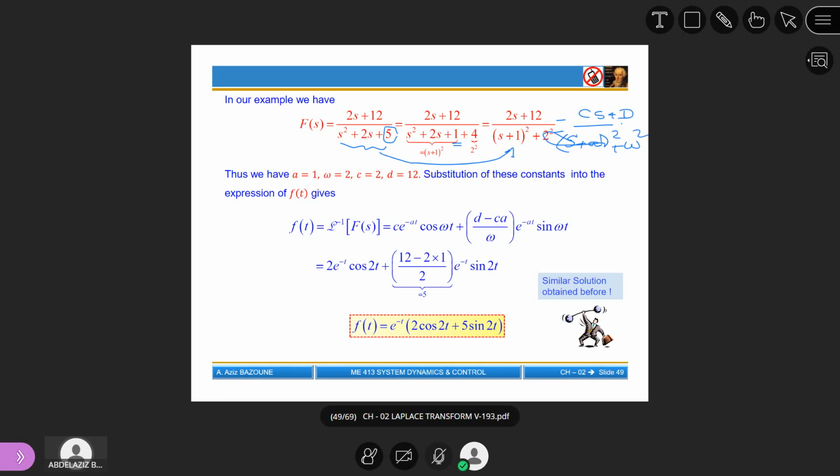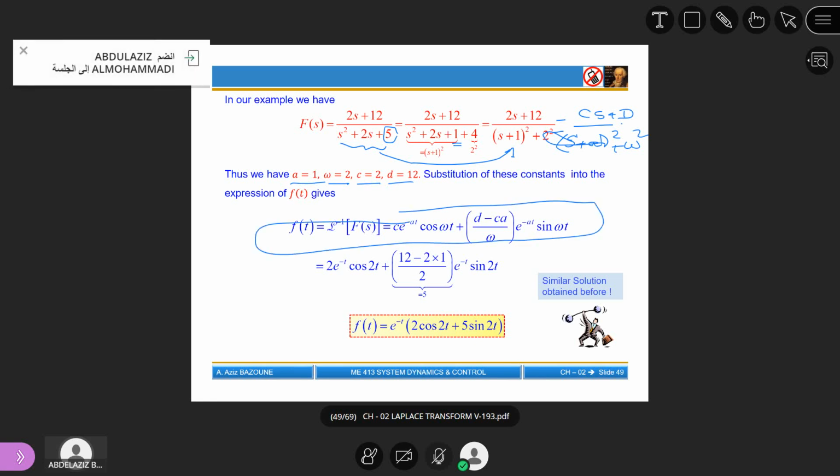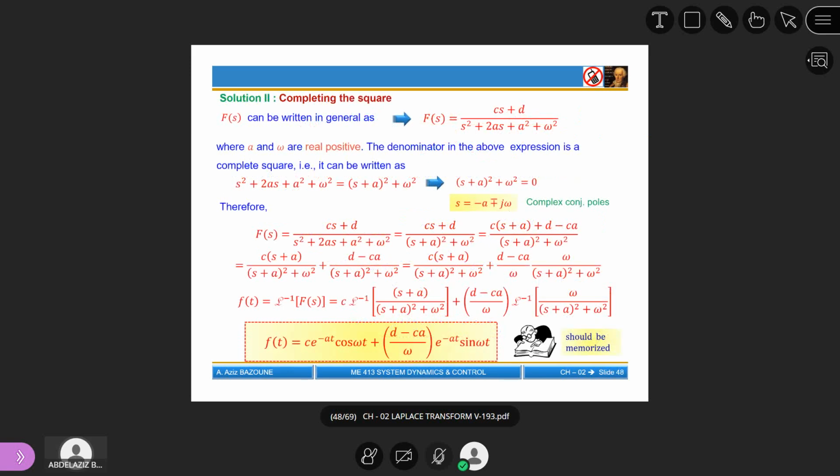So you can substitute A is equal to 1, omega is equal to 2, C is equal to 2, D is equal to 12, and we replace them in the formula itself. The formula will give you exponential minus t times cosine 2t plus 5 sine 2t. Can you please tell me where is the difficulty? Just complete the denominator's square and write it in this form.